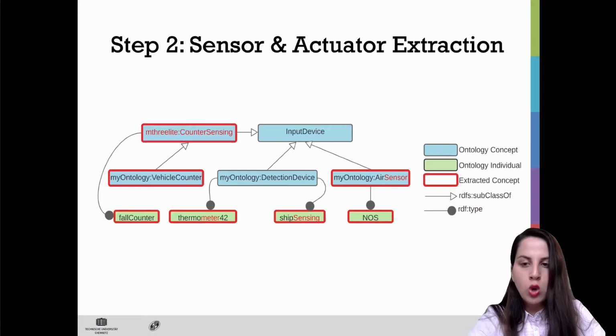We extract known concepts from well-known or standardized IoT ontologies like the W3C SSN ontology or the Web of Things or M3 Lite to identify matching ontology concepts by following the subclass and instance relationships. We also use synonym matching and stemming to identify unknown individuals. We also, of course, consider the structure of the ontology.